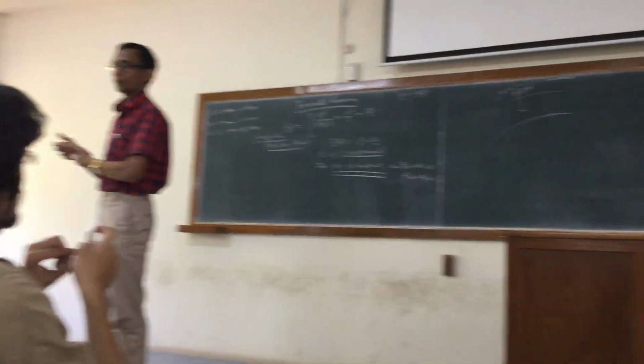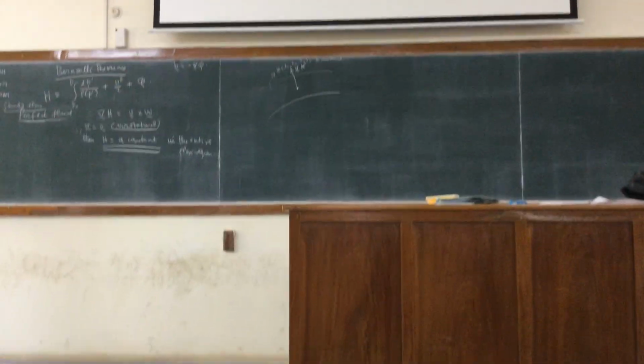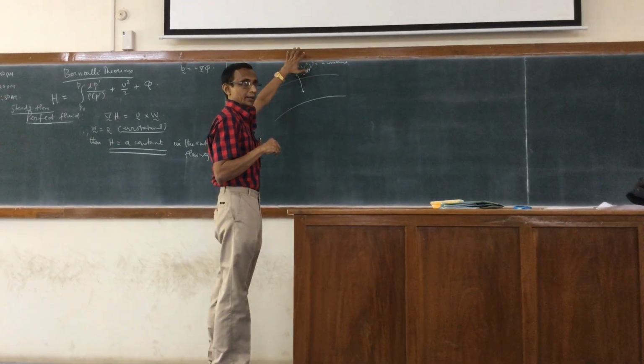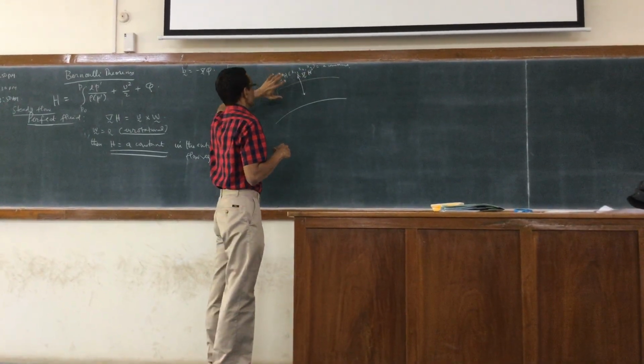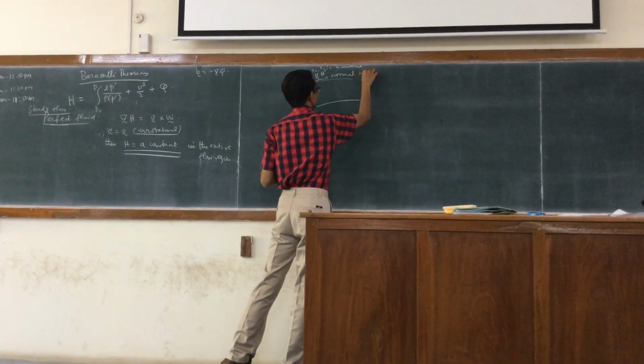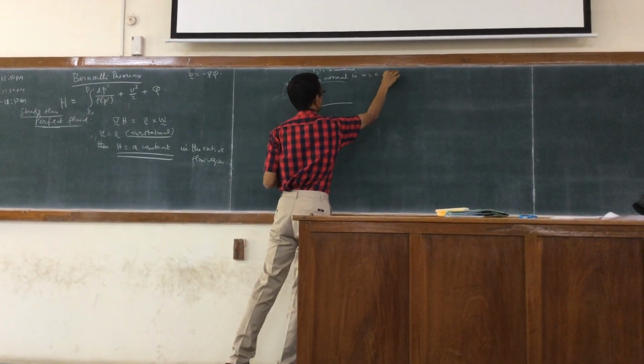This is dH by dx1, dH by dx2 and so on. That would be the vector along which the normal to the surface would lie. Now we are given that this is the normal to the H equal to C surface.